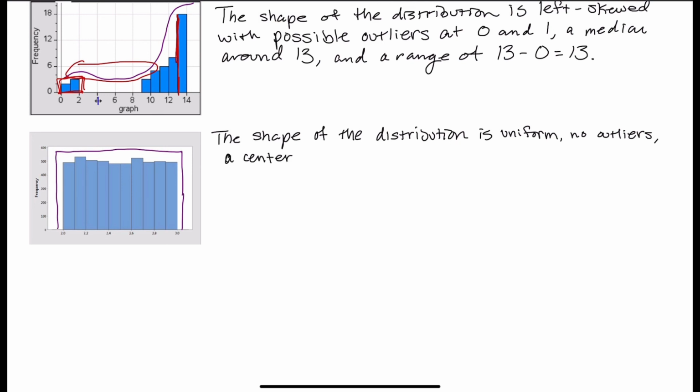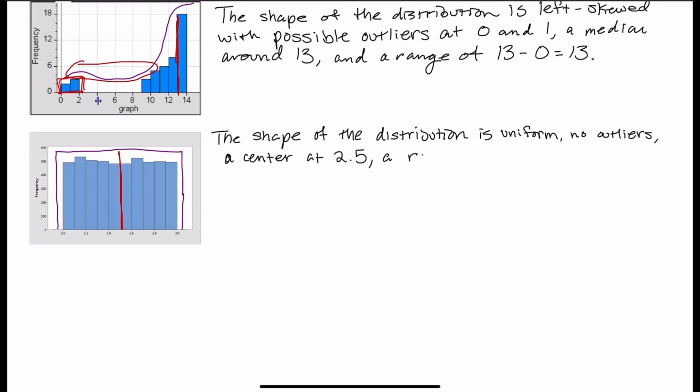And since everything is definitely equal and symmetric, our center will fall directly in the middle of our graph here. So that's at 2.5, since it's in between 2.4 and 2.6. And our range, notice how it goes from 3.0 to 2.0.